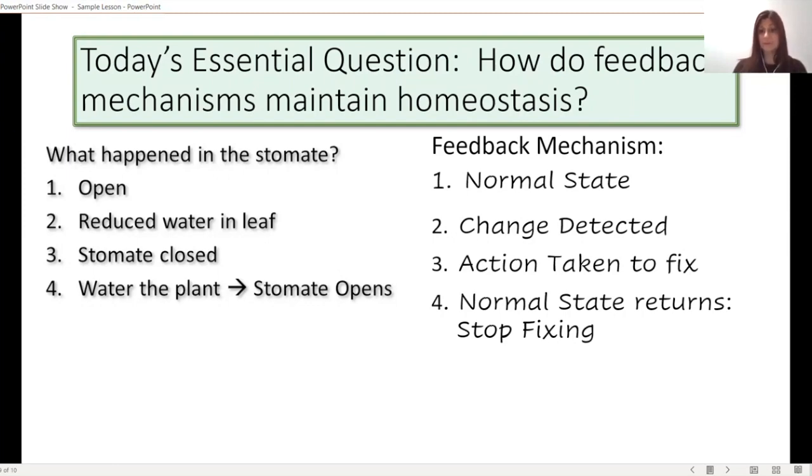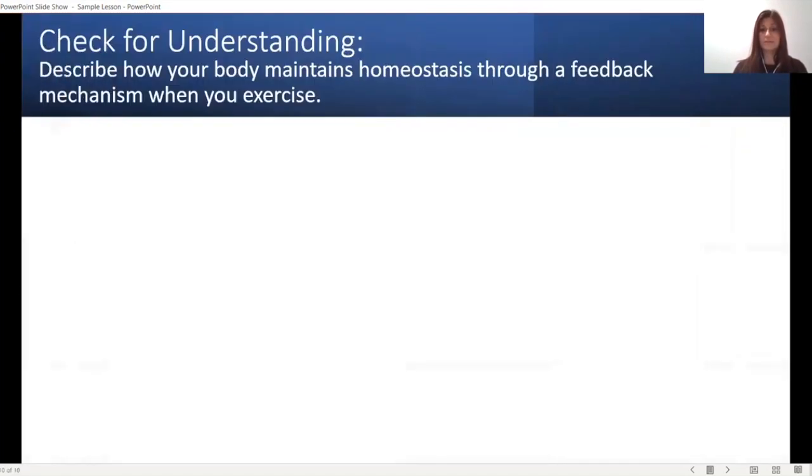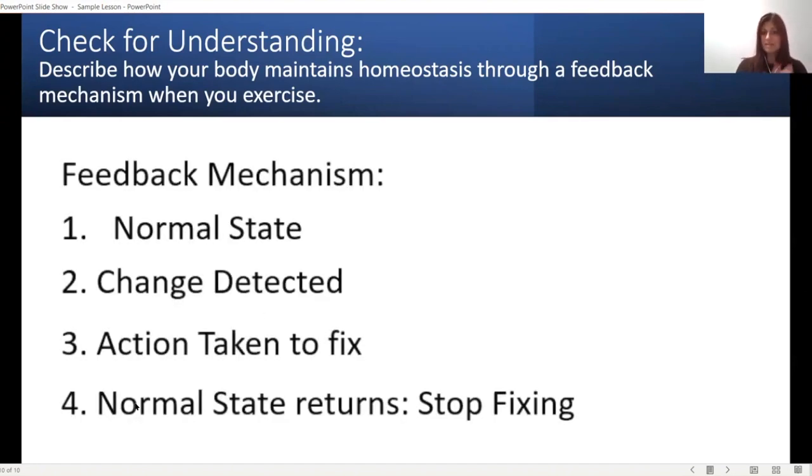Okay? So here's your job right now. Check for understanding. Describe how your body maintains homeostasis through a feedback mechanism when you exercise. Okay, so get a piece of paper and a pencil. Okay, here are those steps again, 1, 2, 3, and 4. And I want you to give me a concrete example.